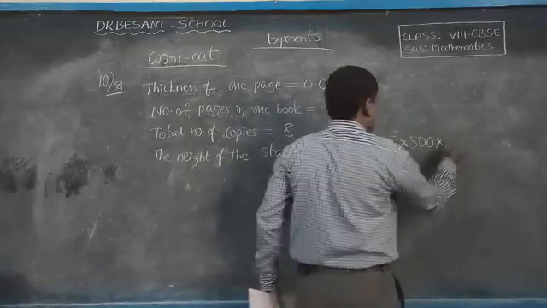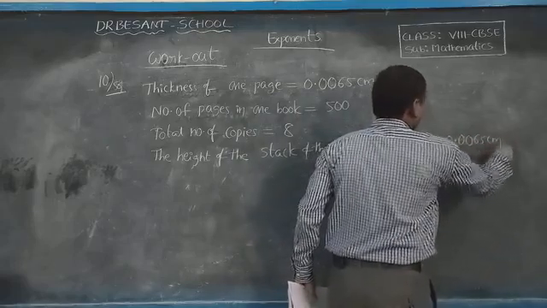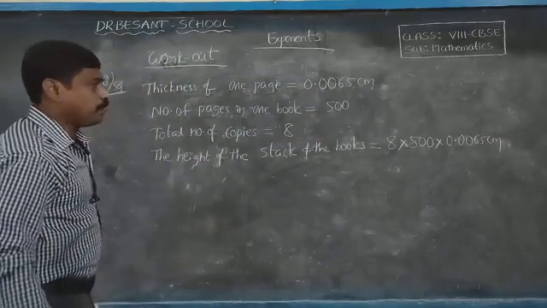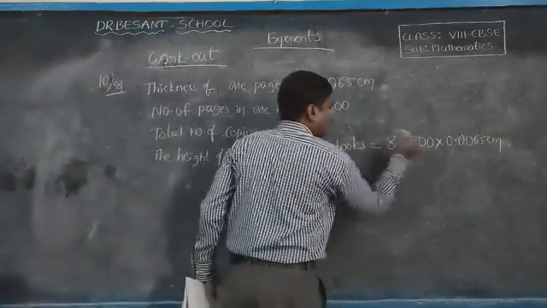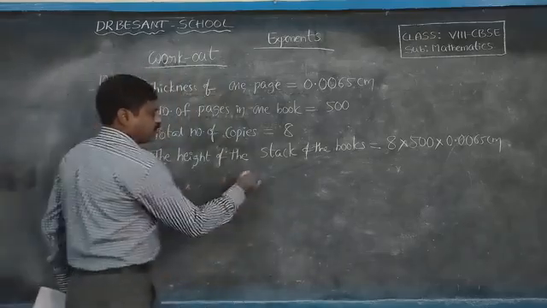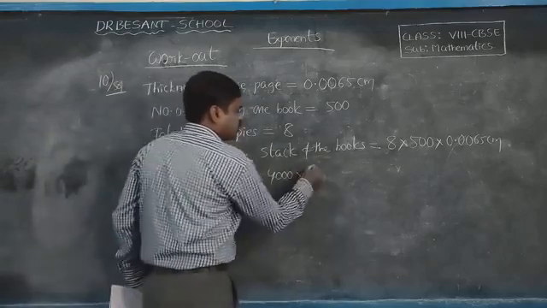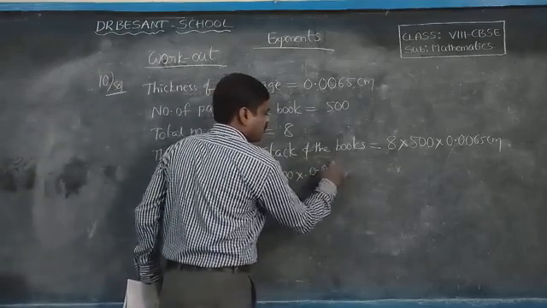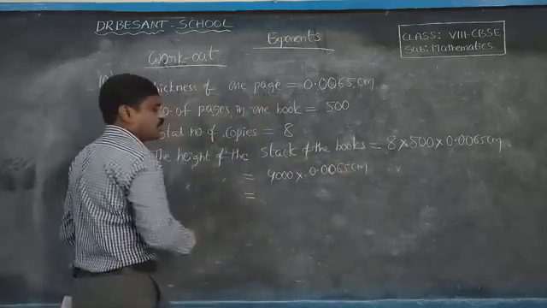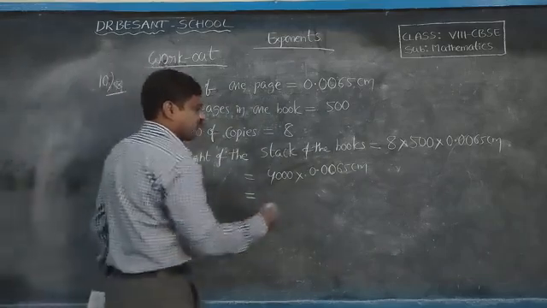Each page thickness is 0.0065 centimeter. Now multiplication: 8 into 500 is equal to 4000. That is equal to 4000 into 0.0065 centimeter.